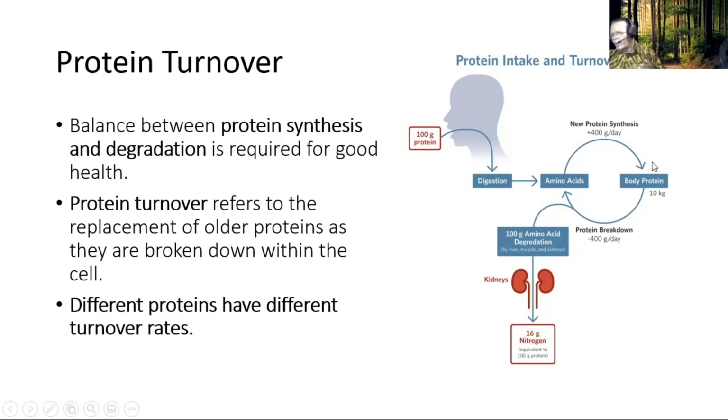Some of this body protein probably will be digested, and the end product will be secreted as urea in our urine after filtration in the kidney. Let's see this one, 100 grams. Then protein breakdown is about 400 grams per day.